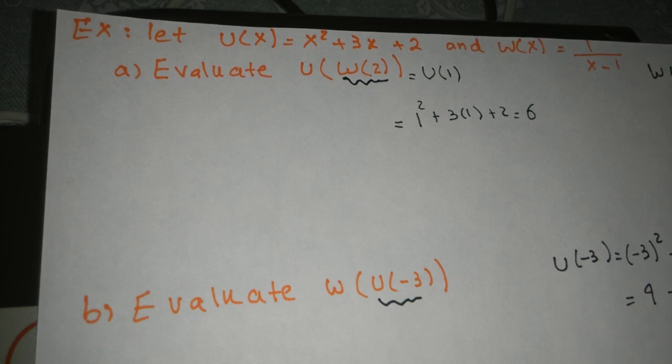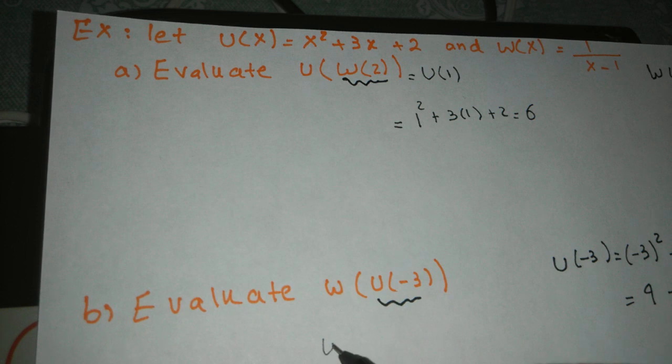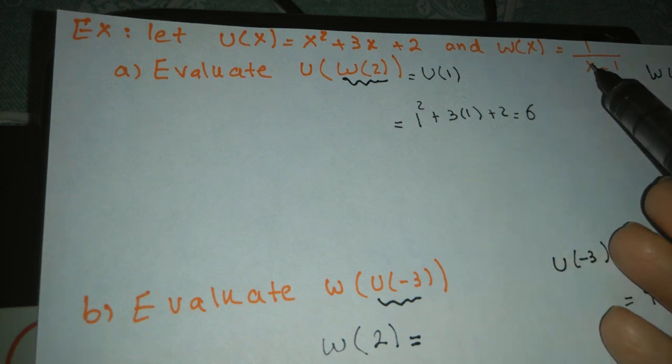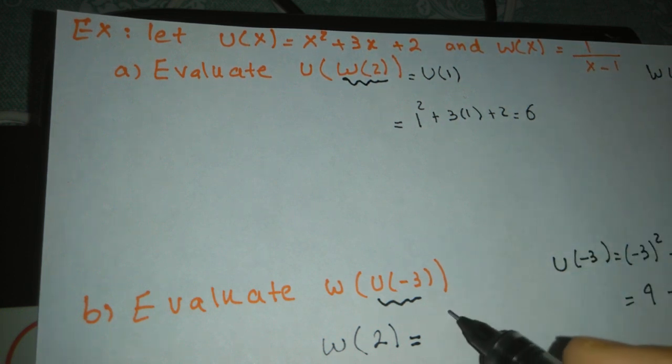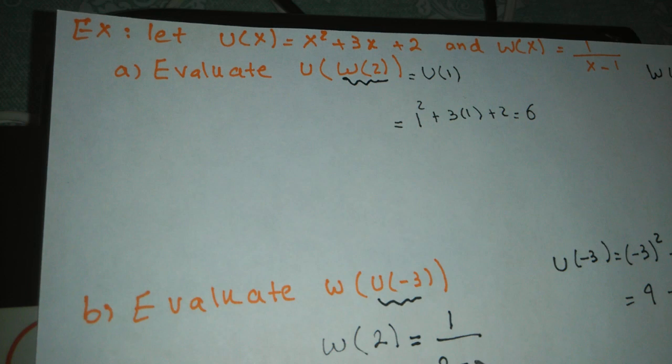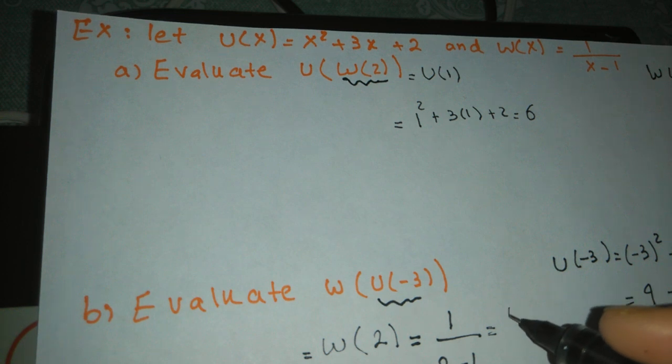So the answer is 2 here. So then I know u of negative 3 is 2. Therefore, w of x is 1 over x minus 1, means instead of the x you put 2. So it's going to be 1 over 1, which is 1.